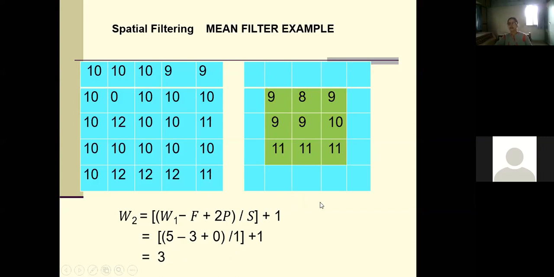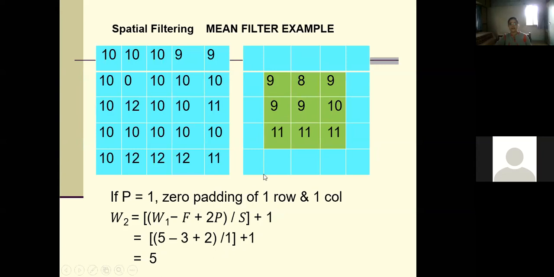So as we increase the stride rate, your resultant image size will decrease. Do you agree to this statement? As stride rate increases, we are skipping more and more number of columns and rows, and that's why your resultant image size is reducing as we keep on increasing the stride rate.